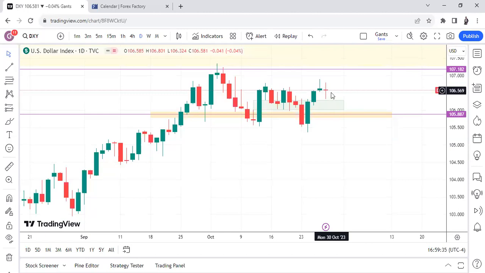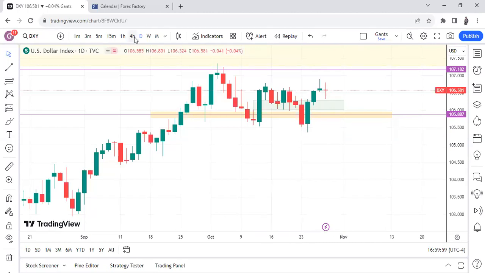If we want to test this area again and then move higher before the end of the week, I want to see this high of last week broken and then see if we can test the high of this month, the high that was made on the 3rd of October. I want to see that high violated this week that we're entering because I am bullish on the dollar.